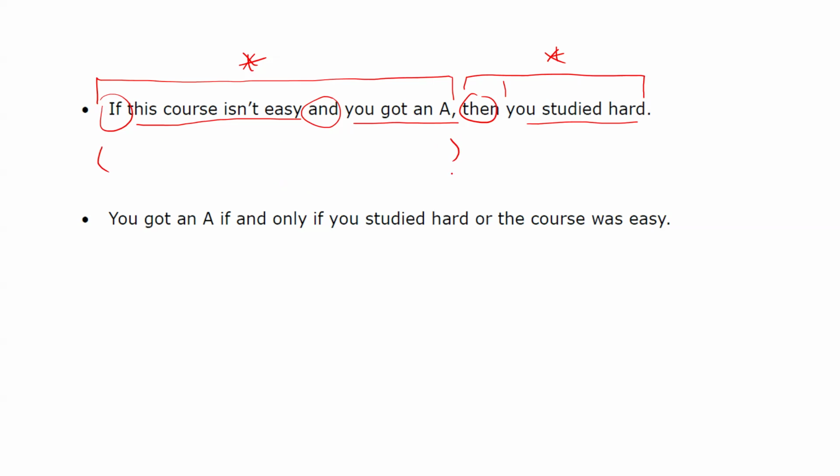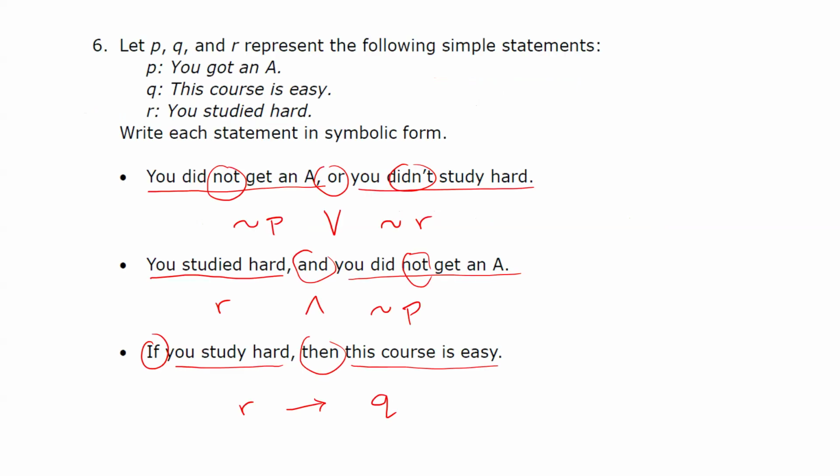So in the if clause, we have this course isn't easy. So isn't easy is also a negation. So this course is easy. If we recall, if we go back, this course is easy is Q. Okay.